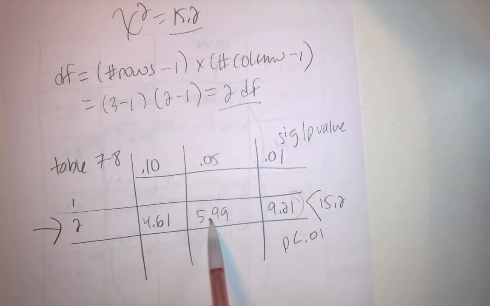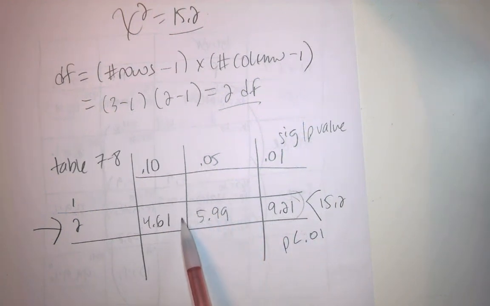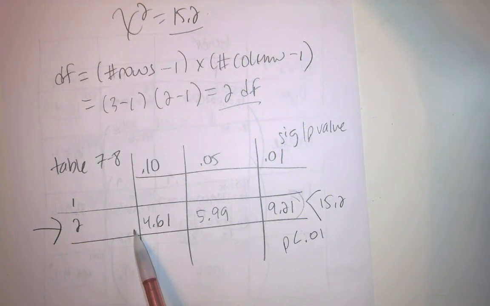We go across and find where our chi-square value lies, and if it's greater than our critical value, then we can reject the null hypothesis. If it's less than these critical values, so if our chi-square were a 3, then we would fail to reject the null hypothesis, and that means any difference that we observed in the crosstab would not be significant. But in this case, the differences that we observe in our crosstab are significant.